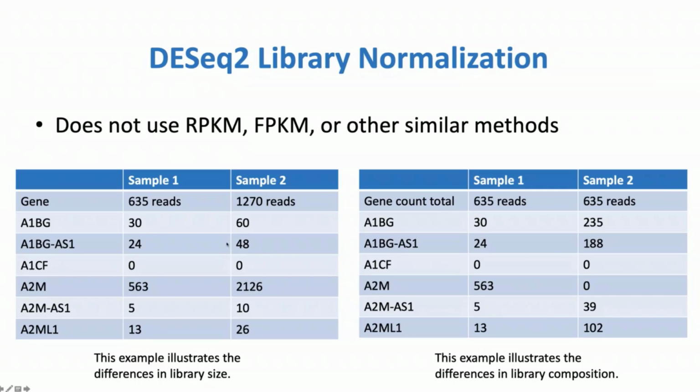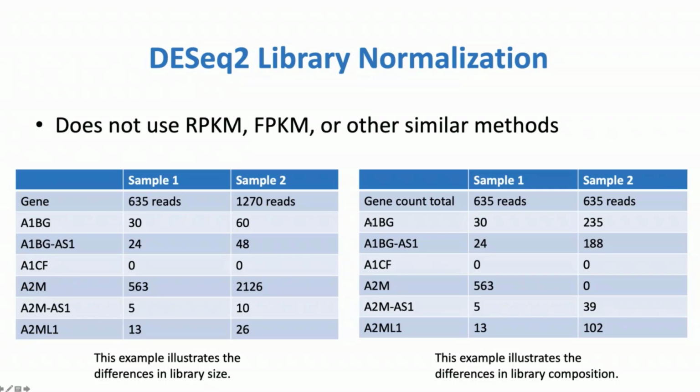First, again, we have this problem of the differences in library size. You can see that sample 1 and sample 2 have very different total number of reads, right? Sample 1 has half the reads of sample 2. This is the library size problem. And then the library composition is what we're actually interested in, right?